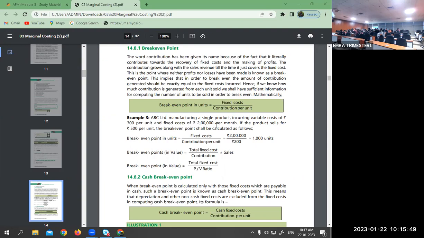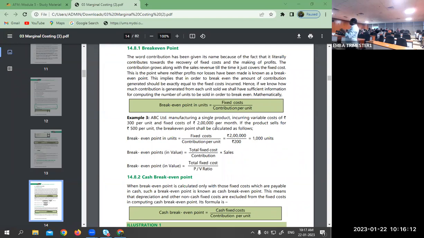Total sales minus total variable cost is equal to total contribution. You should not divide the fixed cost by total contribution. If you divide that, that's illogical. You will divide the fixed cost by contribution per unit, so that you get the number of units to be sold to reach the break-even point.